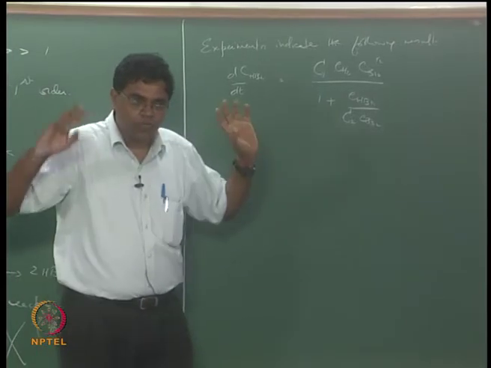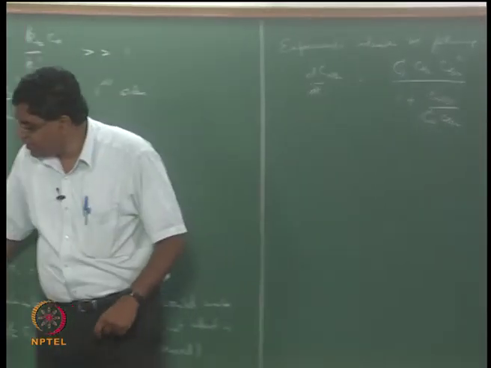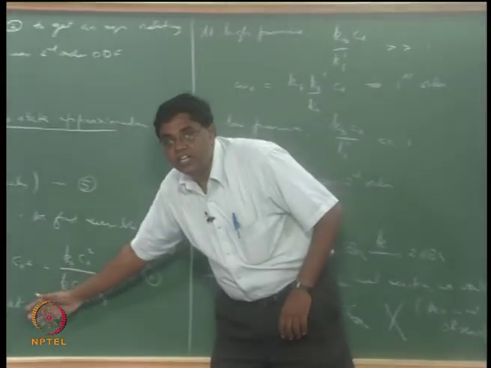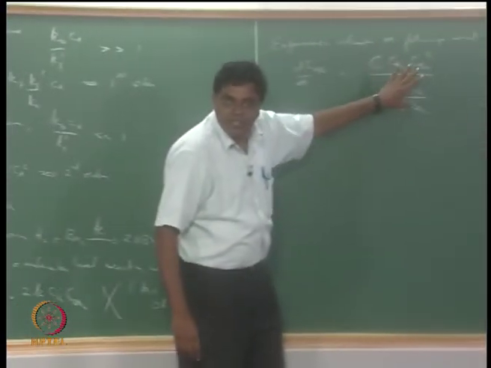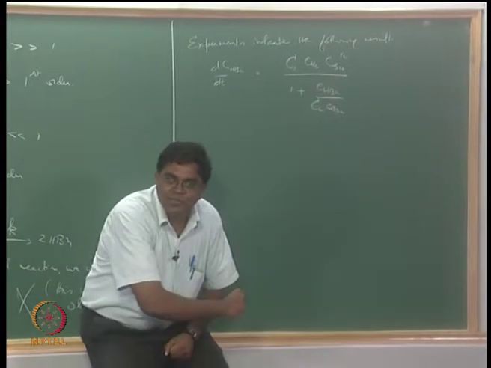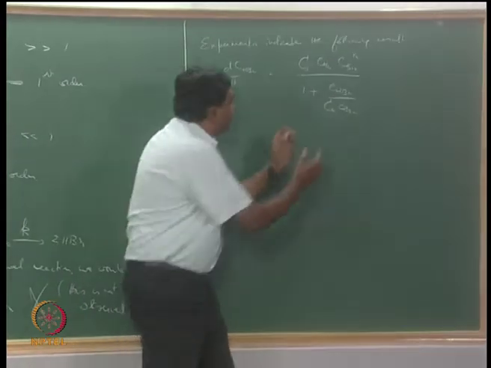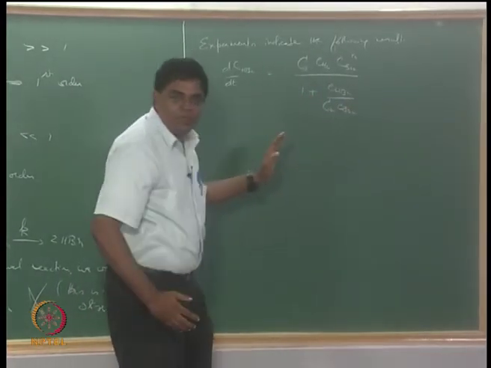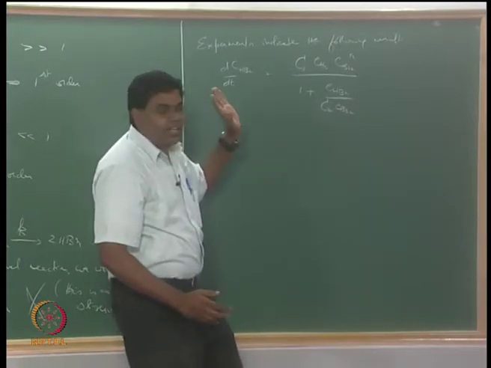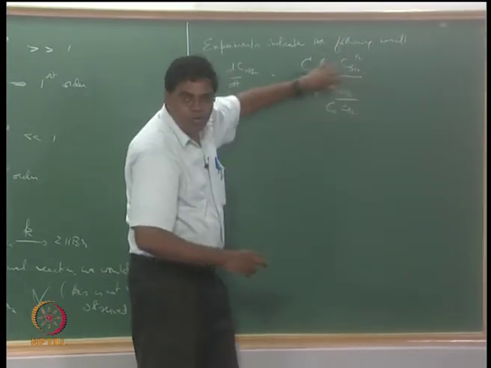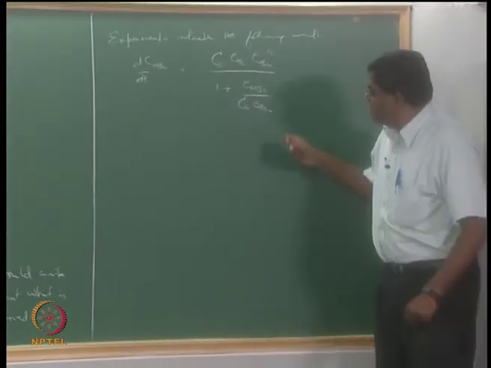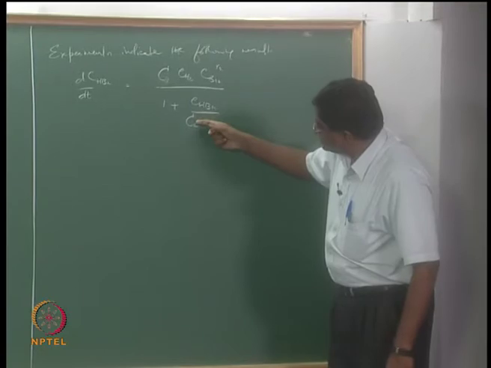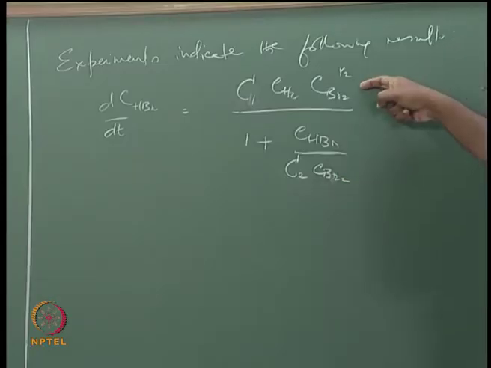Now if you were to be so intelligent as to immediately start thinking about what we did here, the moment you see a 1 plus something, you're going to say, ah, I know what to do. I'm going to look at when this will be much larger than 1, then throw away the 1, and rearrange things. So you're going to say, this constant times CBr2 is going to go up there, and then it's going to become 1.5.